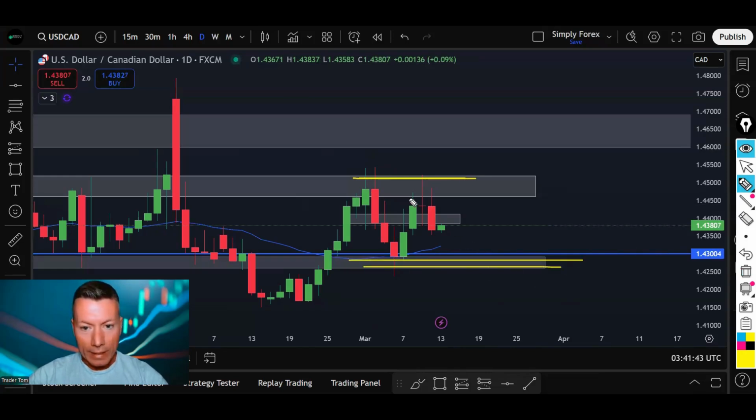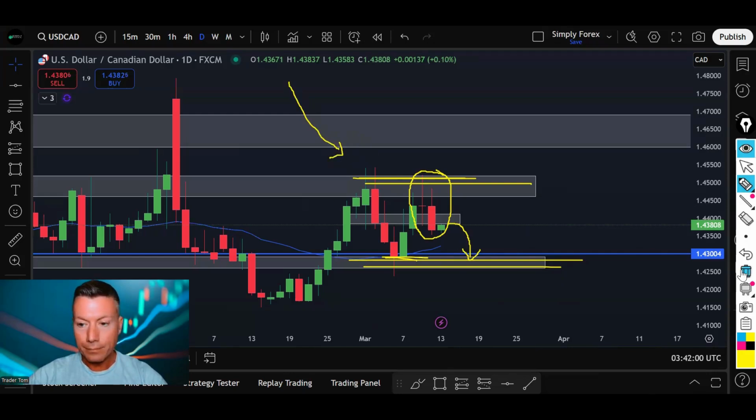Now, because we've had such a bearish reaction at that resistance level up here, I'm willing to take sales back down to the bottom of this level, and potentially we start a range, with the fact that I know we're in a weekly downtrend as well.